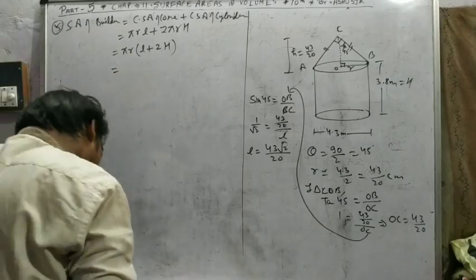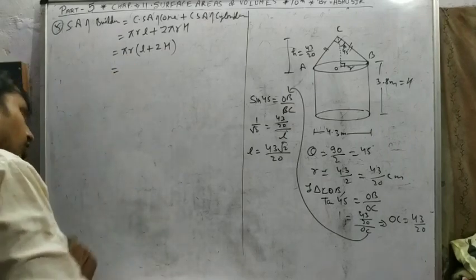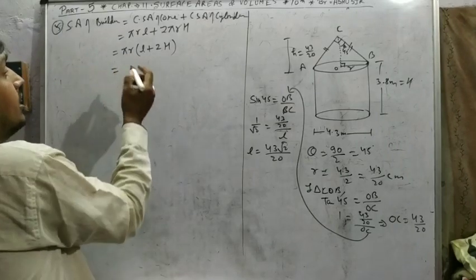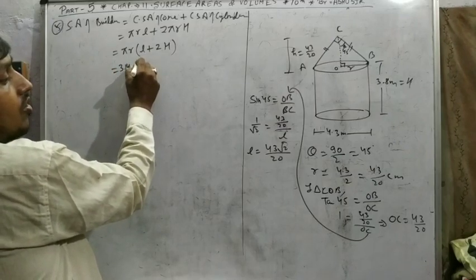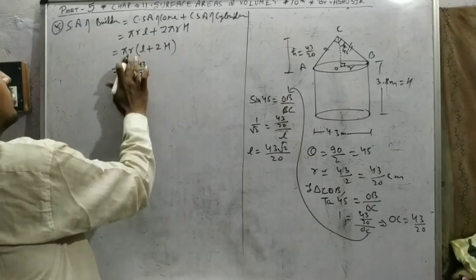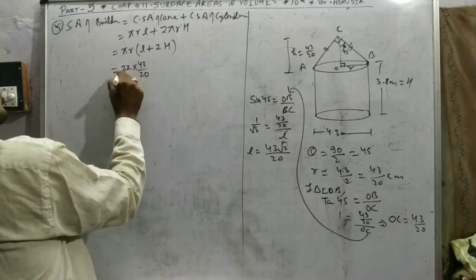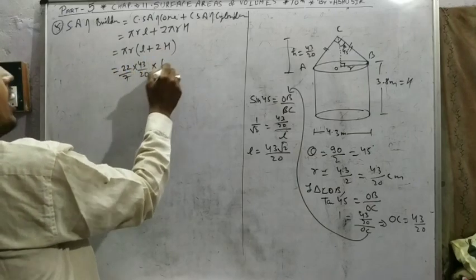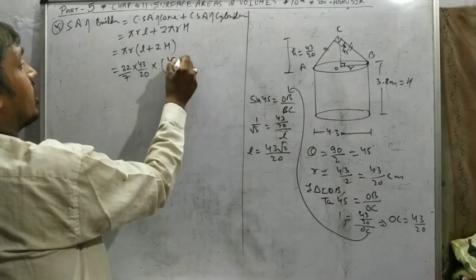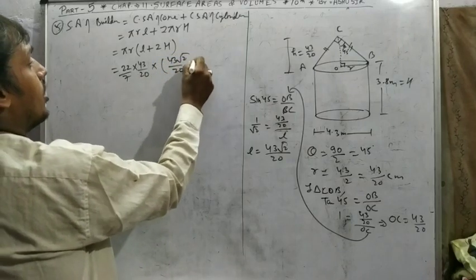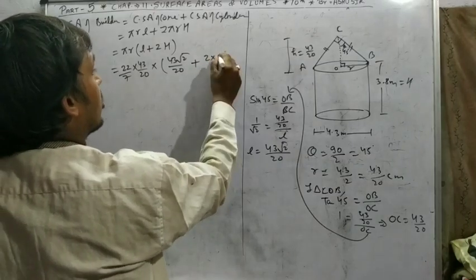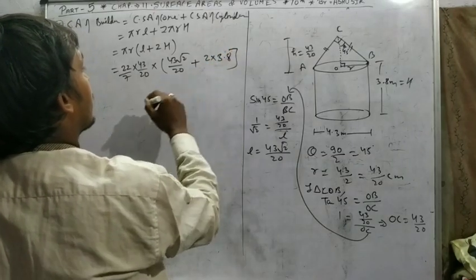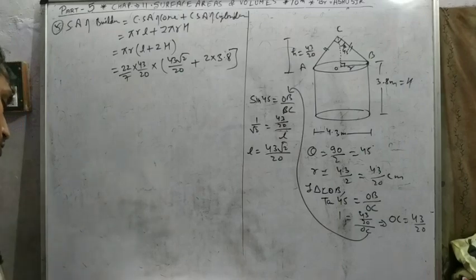The value of pi is not given, but all are in decimal form, so we use 3.14 into r, 43 by 20, into L, 43 root 2 by 20, plus 2 into h, 3.8.